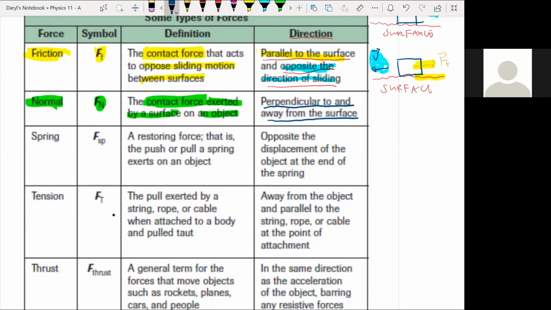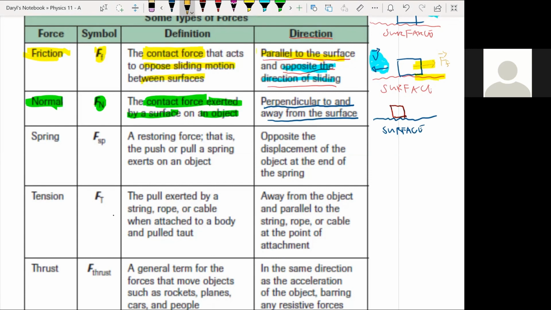So if I have an object lying on the surface, the normal force is just going up.